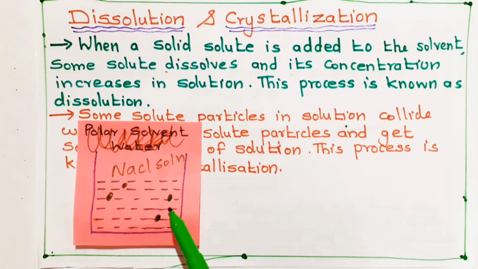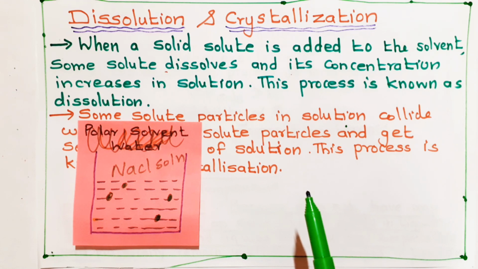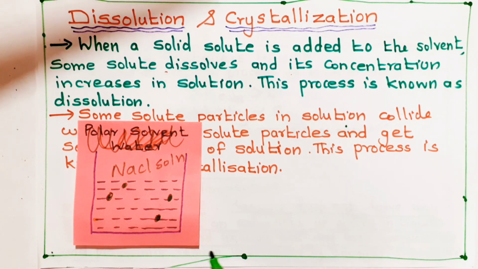That means the crystals formed will again get dissolved into this solution, and another two sodium chloride crystals will be formed. So here how many processes are happening? Two processes.